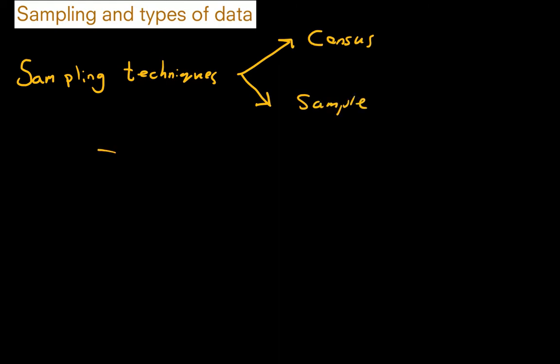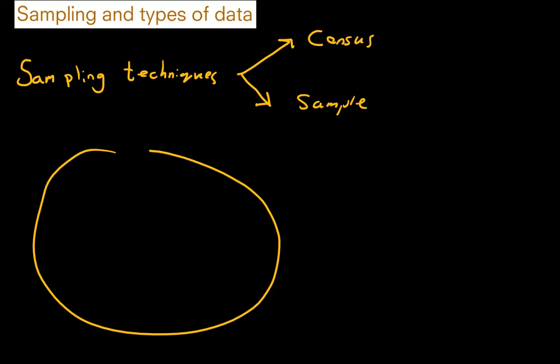Okay, so the easiest way of thinking about this is the census is the entire population. A sample is part of that population.